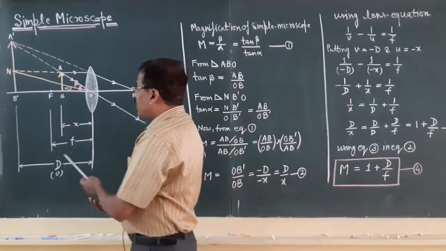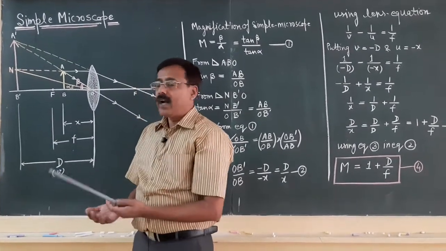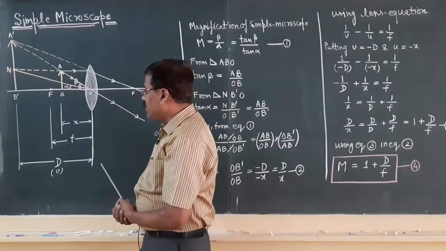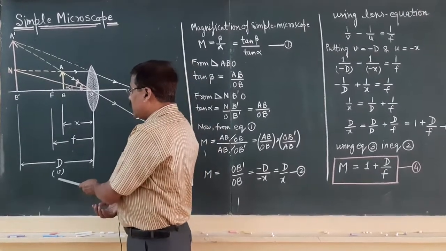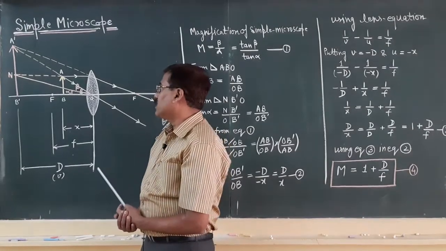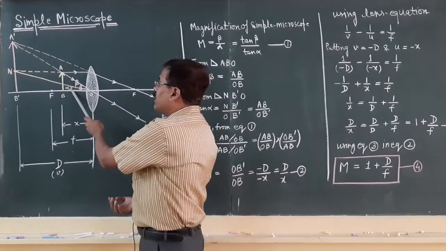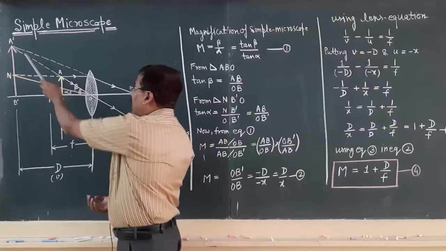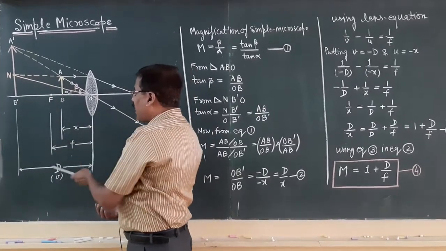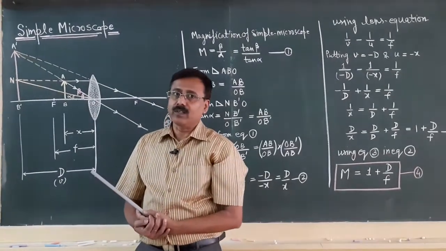Now, the image distance is capital D because this image is formed at the least distance of distinct vision, and D is basically the least distance of distinct vision. Alpha and beta are the visual angles subtended by the object and image when both are lying at the least distance of distinct vision.